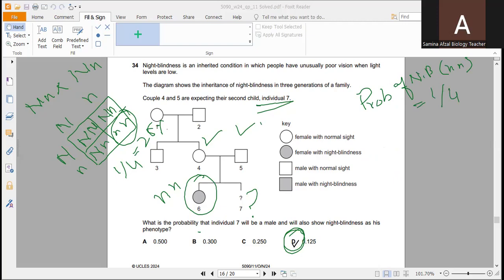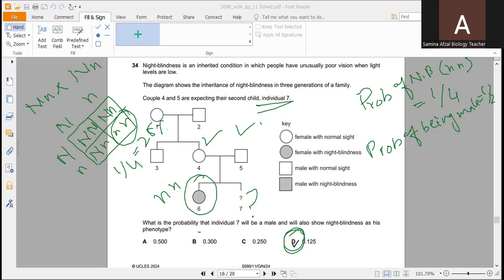Probability of being male is equal to 1 by 2, 50%. There is a 50% chance whether it will be male or female.